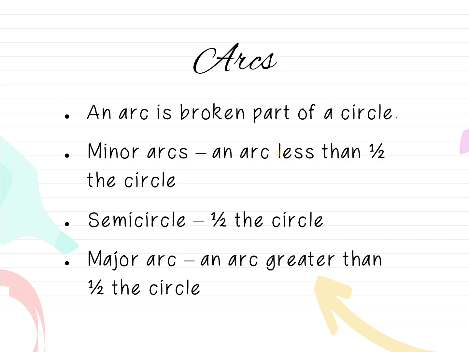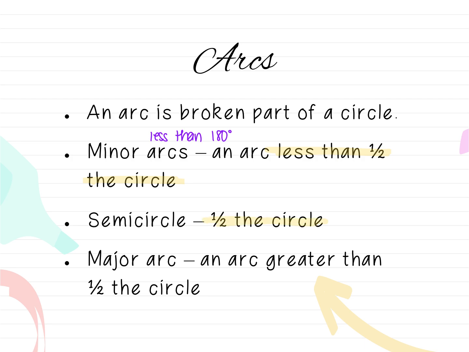So minor arcs are arcs that are less than half the circle. What does that mean? That means it is less than 180 degrees. Keep in mind I'm going by degrees still. Looking at my semicircle, it's half the circle.